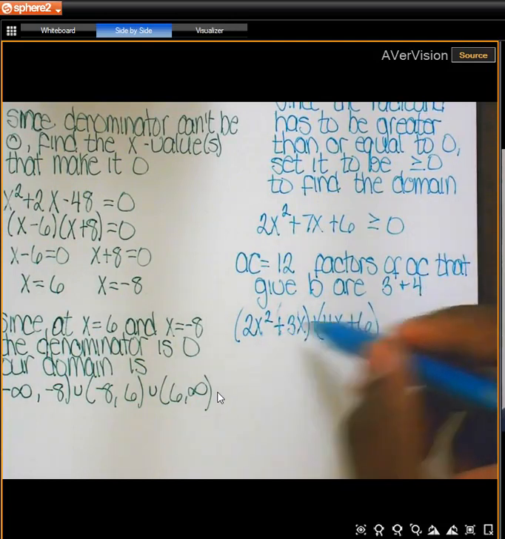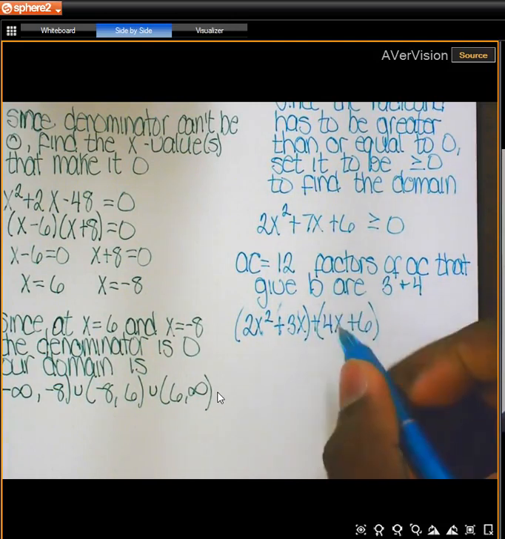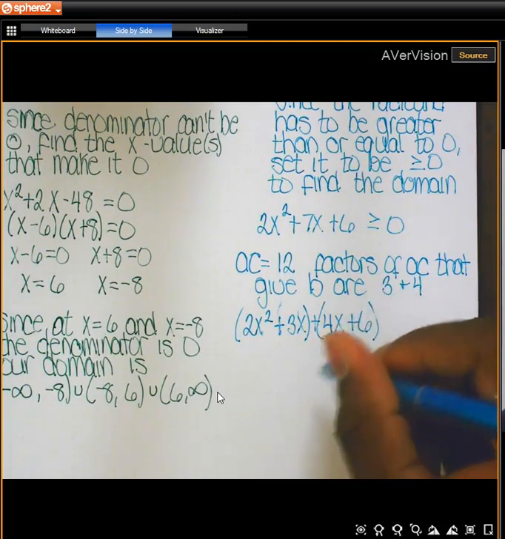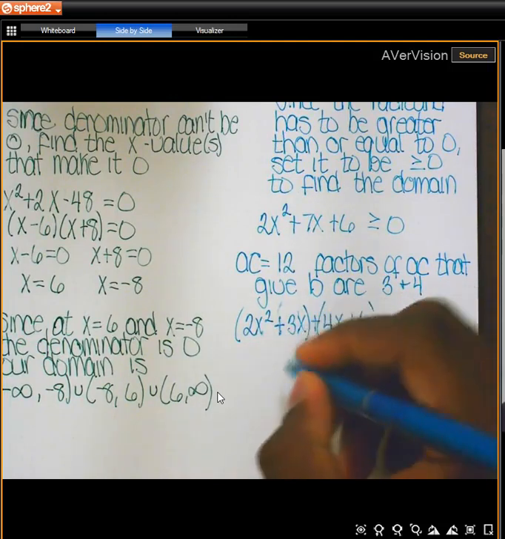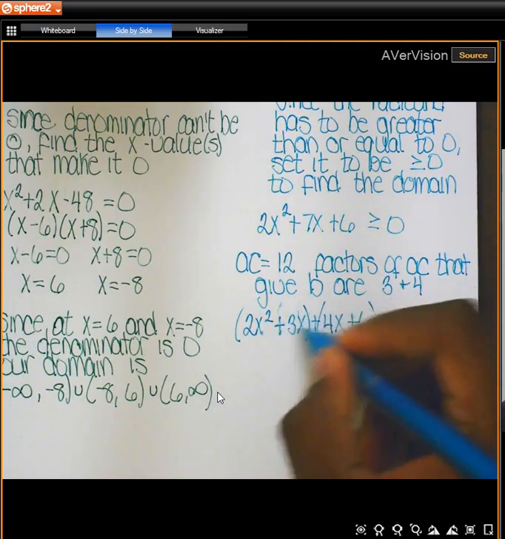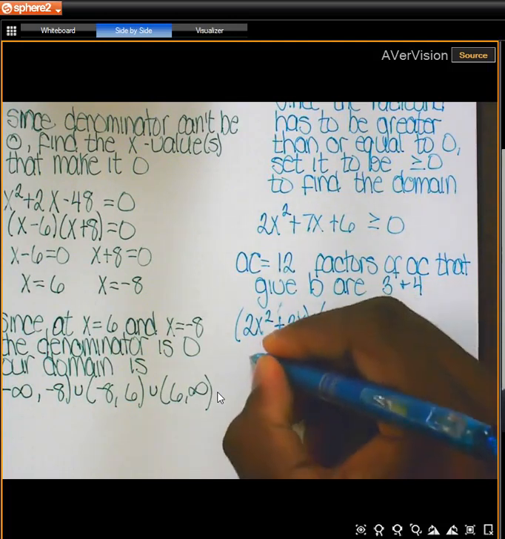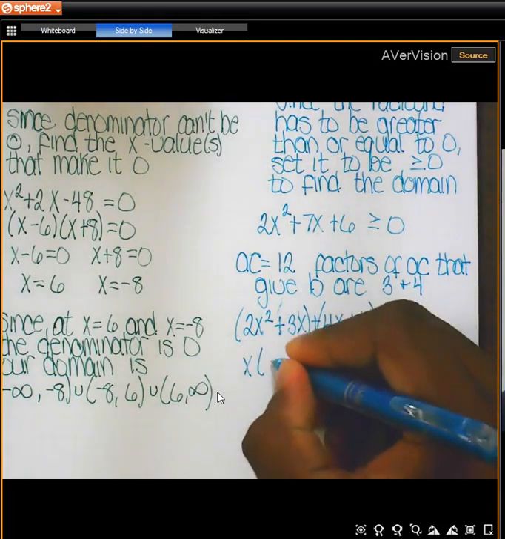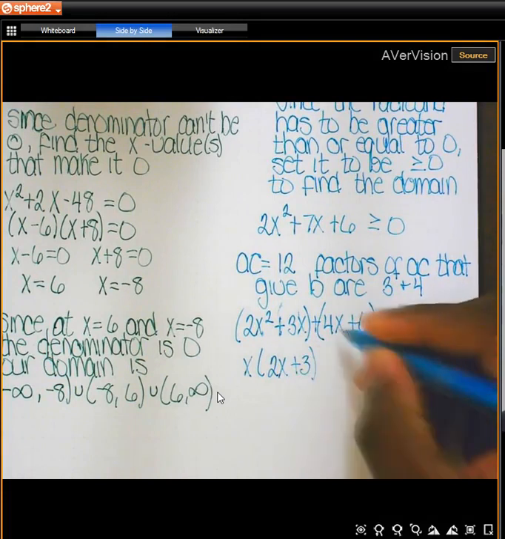So after we group the first 2 terms and the last 2 terms, what do we look for? We look for the GCF in each group. So what's the GCF in the first group? Yeah. The only thing they have in common in the first group is x, and if you take x out, you're left with 2x plus 3. What about in the second group?